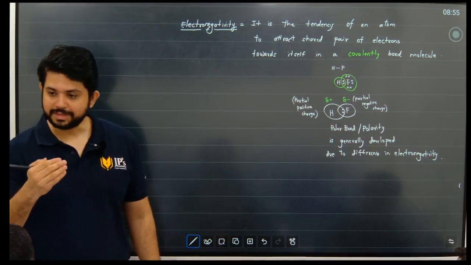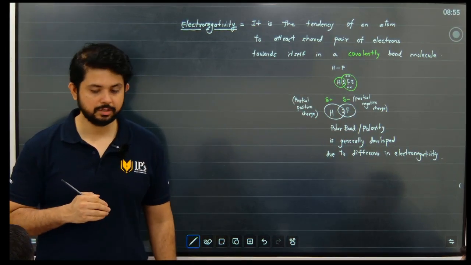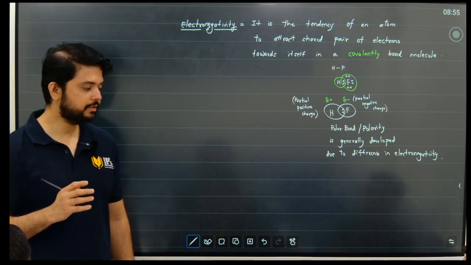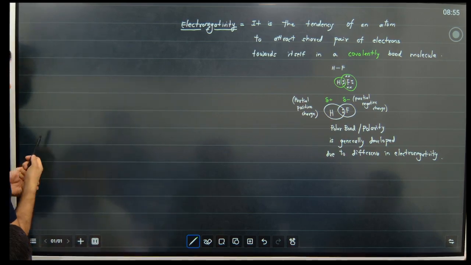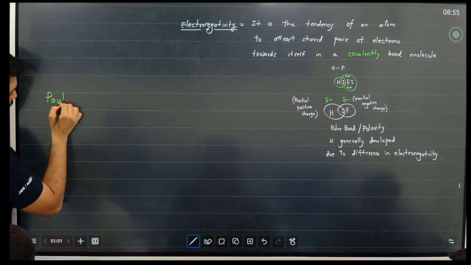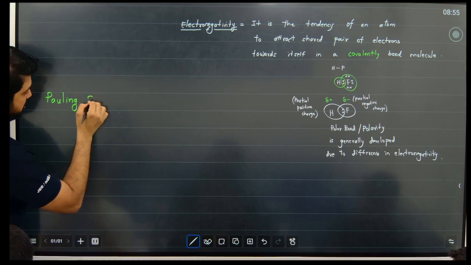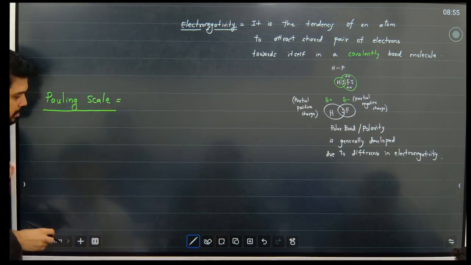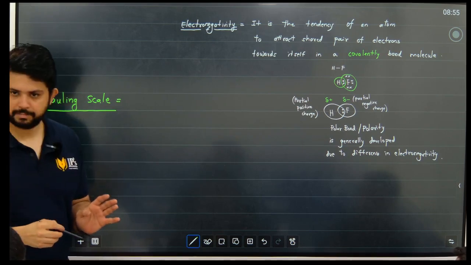Now, there are various methods to measure electronegativity. And the first method to measure electronegativity is called as Pauling scale. ठीक है?